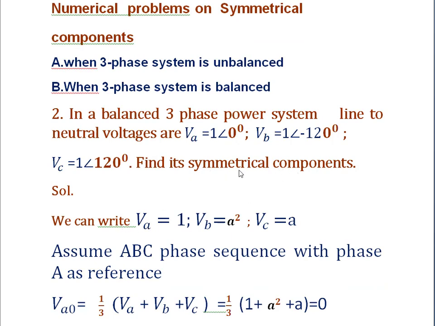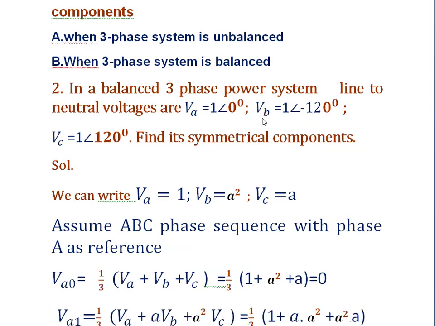Now we try to calculate the symmetrical components for this system, and we observe what is happening here. From the given data, we write VA is equal to 1, that is 1 at an angle of 0 degrees. Similarly, VB is equal to 1 at an angle of minus 120 degrees, which is 1 at an angle of 240 degrees.